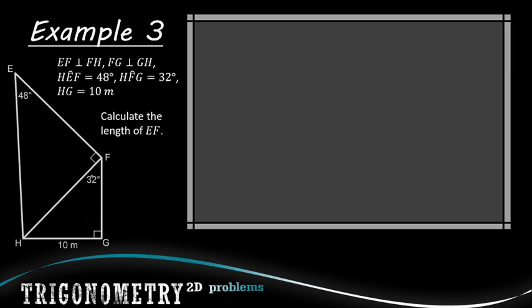So if I want to find HF from the 32 degree angle, what I have is 10. What I want is HF. So what I have is opposite. What I want is hypotenuse. So opposite and hypotenuse is sine. So sine of 32 degrees is equal to opposite over hypotenuse. So 10 over HF. And then solve for HF.